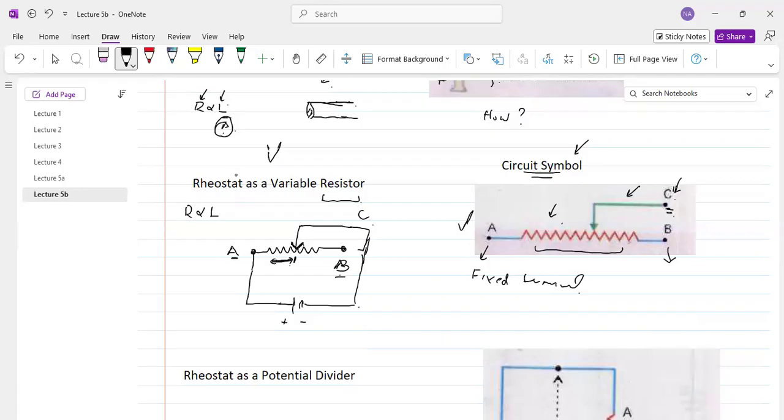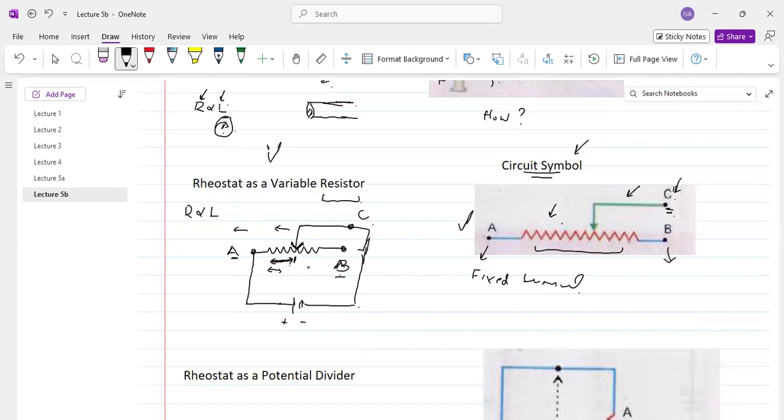So as we move the sliding contact towards terminal A, or towards the left, the length of the wire decreases. As a result, the resistance of the wire between ends A and C goes on decreasing.